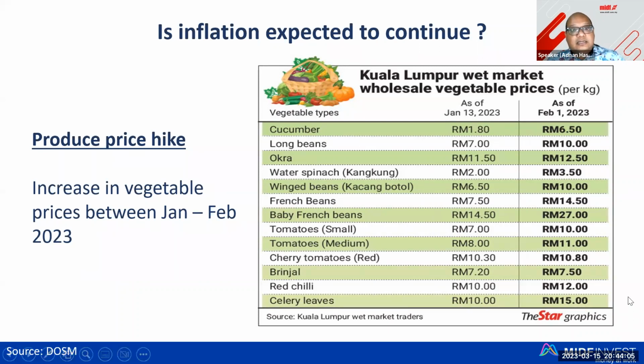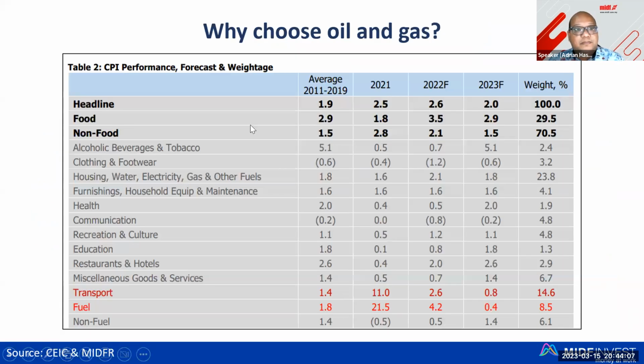Now let me show you guys another chart. Over here, we can see that in Malaysia, I got this from our research department, from 2021 we could see the prices of transport and fuel.